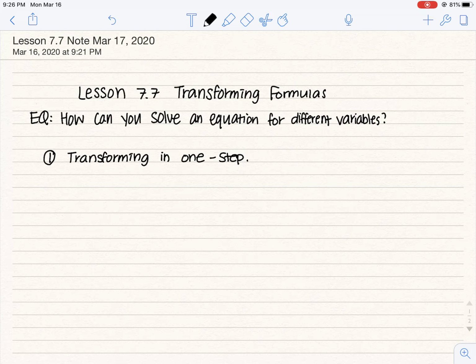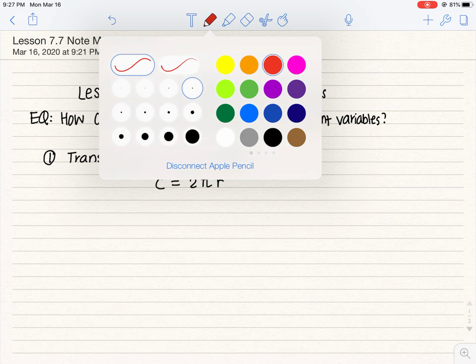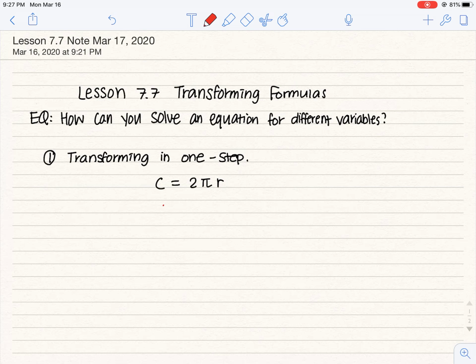Now, I don't know if you remember, but the equation for finding the circumference of a circle is C, the circumference, equals 2 times pi times r. In this case, C is going to be circumference, and pi, we know what pi is, and r is going to be radius.